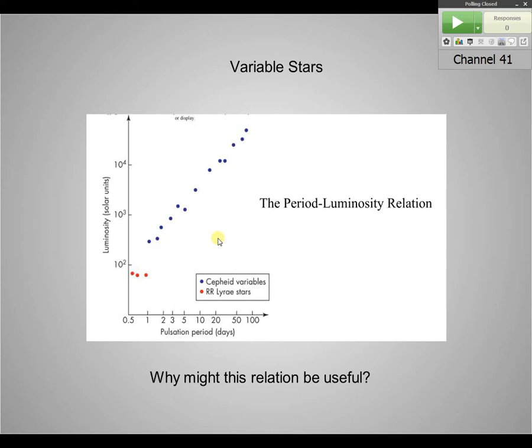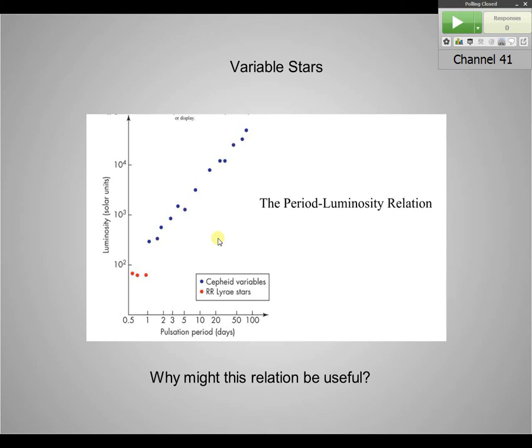So notice that I keep using the word luminosity here. Okay, why might it be useful? Think about it from an astronomer's perspective. I'm looking at a change of brightness, and I detect that change of brightness. Let's say that I look at a star and I see that its change of brightness is 2 weeks. Okay?